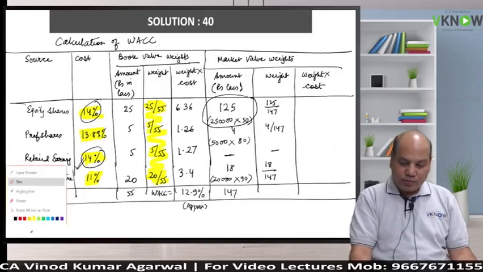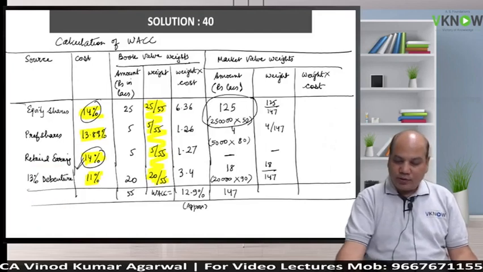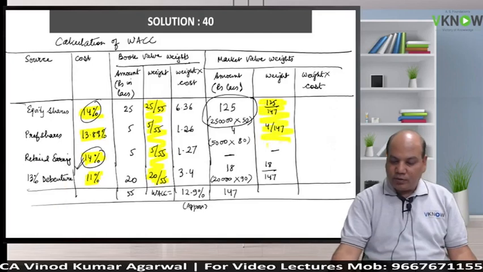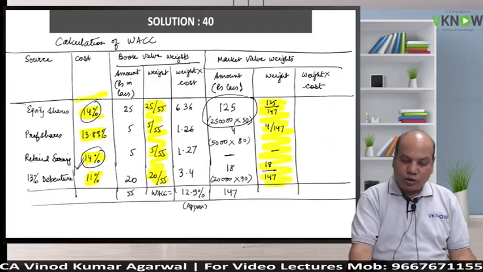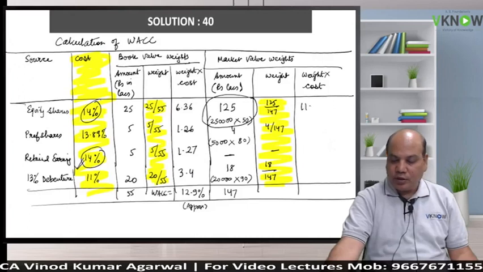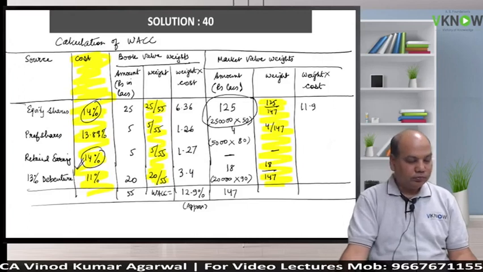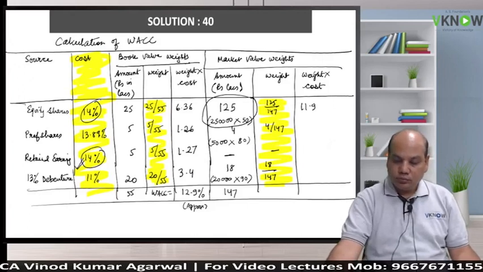Now students, please answer. Multiply weight into this cost column, second column. 11.9 is right. Come on, next. 0.38. Very good.